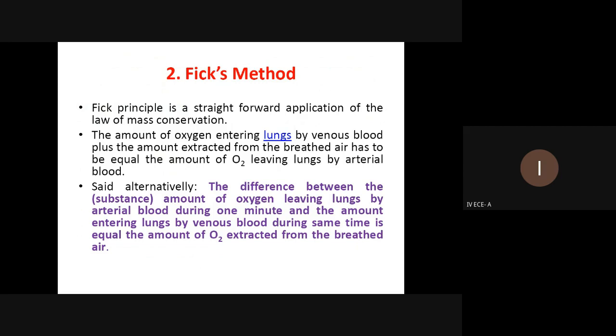Otherwise said, the difference between the amount of oxygen leaving the lungs by arterial blood during 1 minute and the amount entering the lungs by venous blood during the same time is equal to the amount of oxygen extracted from the breathed air. So this is the exact Fick method.